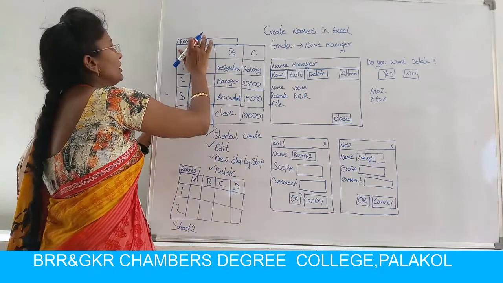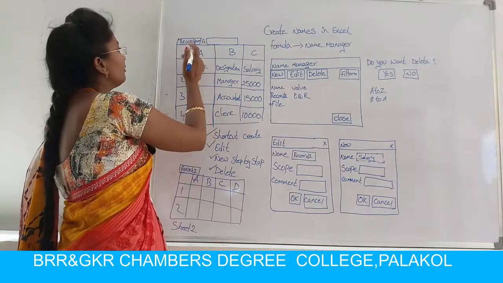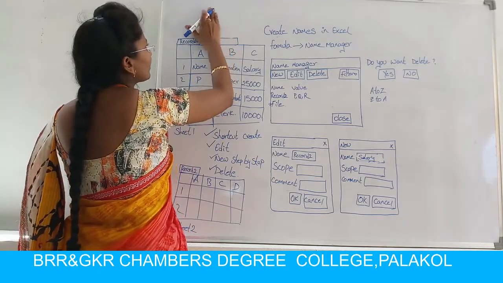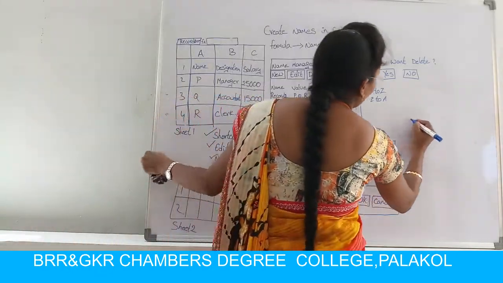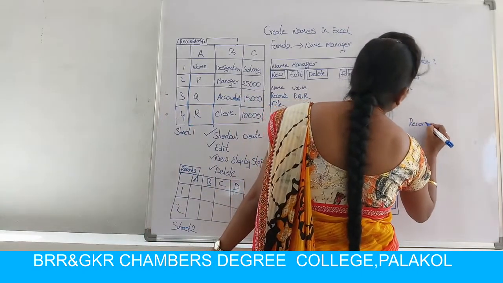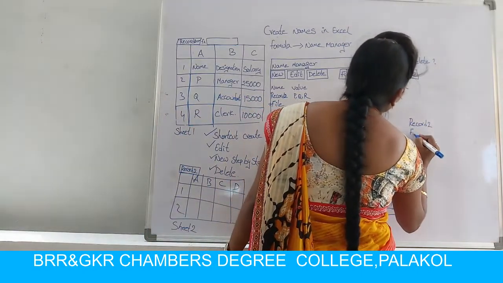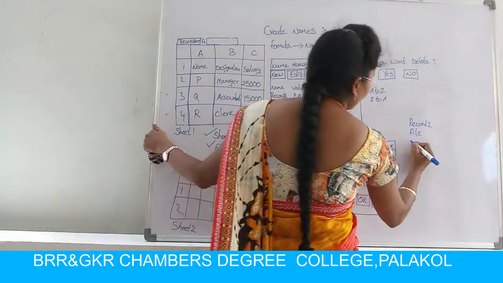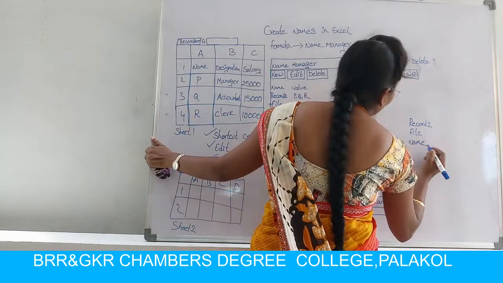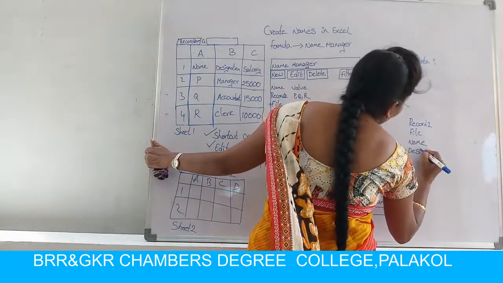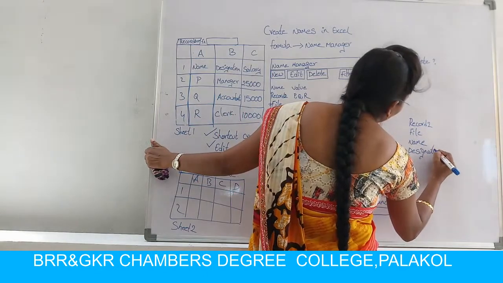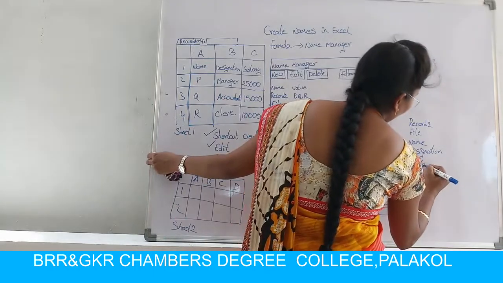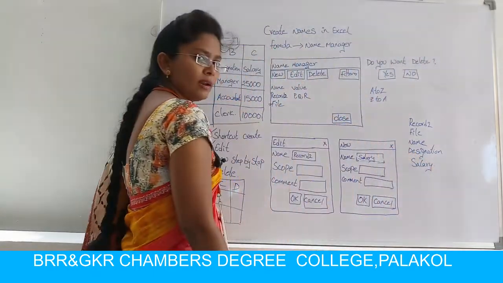If I click on the name box, it will show the names like record 2, and the second record as file, the third record as name, the fourth record as designation, and the fifth record as salary.